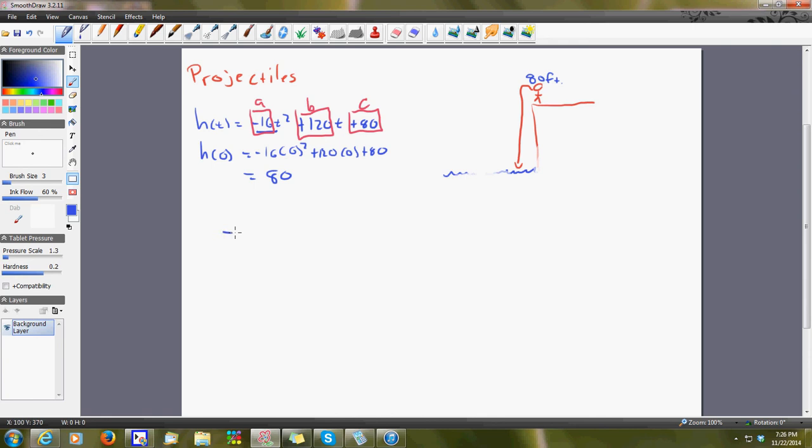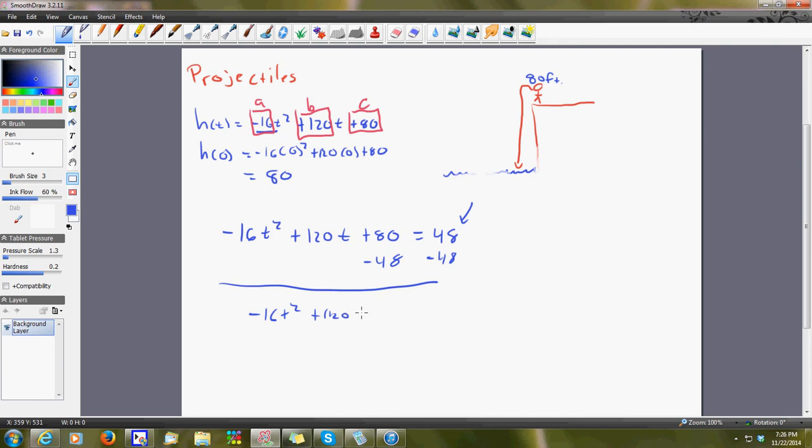I would say negative 16t squared plus 120t plus 80 equals, well, let's say 48 feet rather. There's a reason for this. Because I want to know how long it is going to take before it hits 48 feet. I'm just going to subtract the 48 on over. And I get negative 16t squared plus 120t plus 32 equals 0.